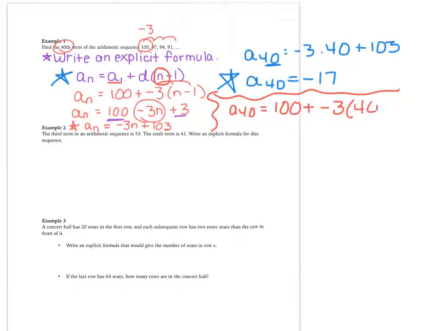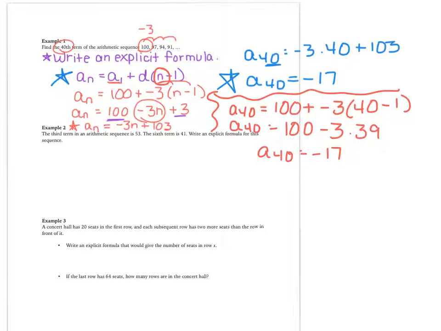So 40 minus 1, let's see, so term 40 is going to be 100 minus 3 times 39. And let's see, 3 times 39 is 117. So 100 minus 117 would be negative 17.